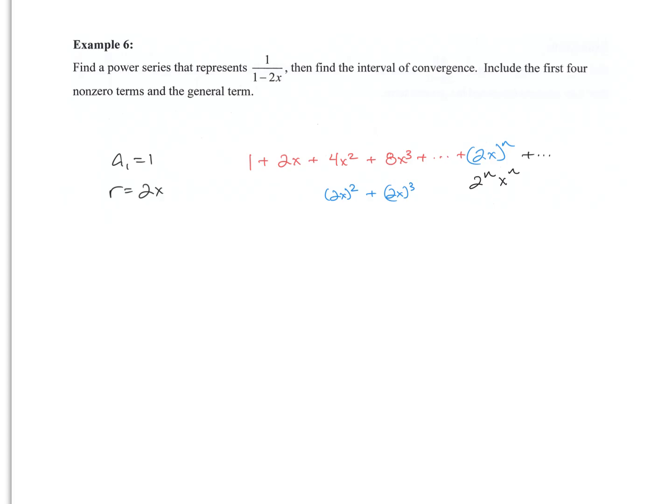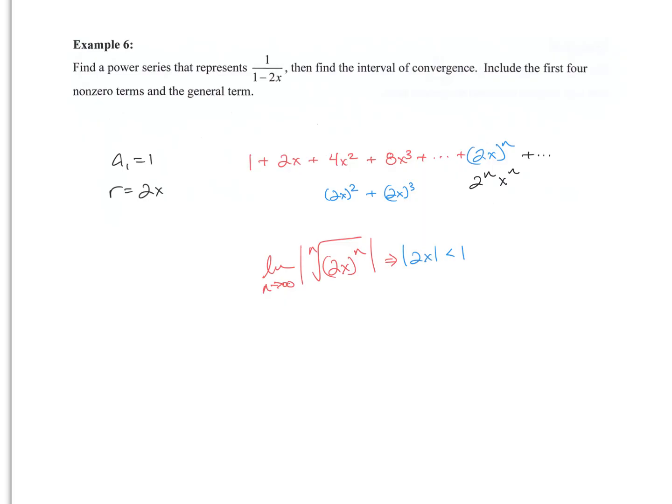And so we're going to find the interval of convergence. What are we going to use? Let's root it out. So I'm going to do a limit as n approaches infinity of the nth root of 2x to the power of n. And what are we left with? Absolute value of 2x, which I want to be less than 1.